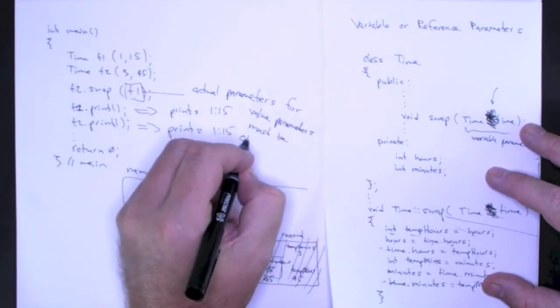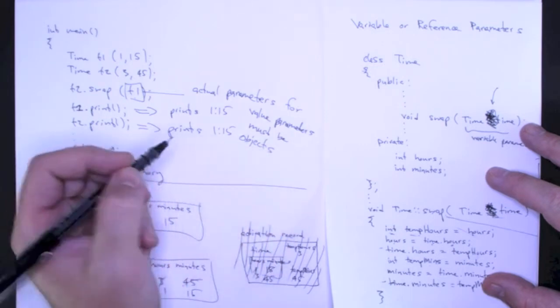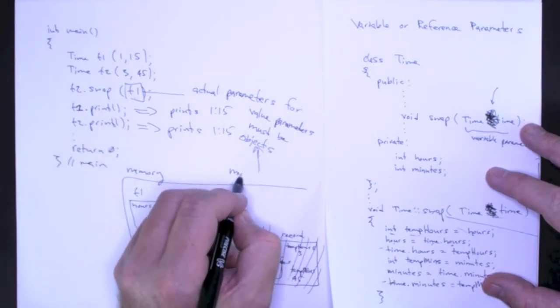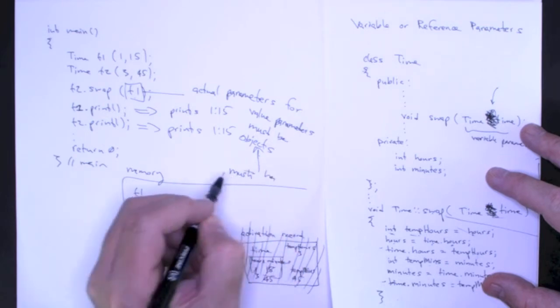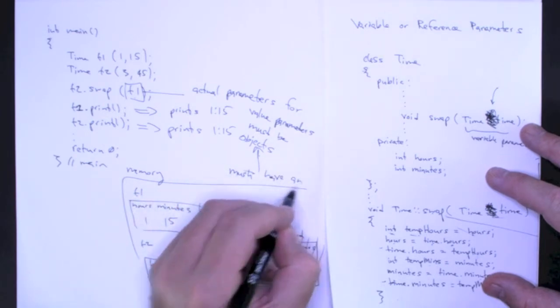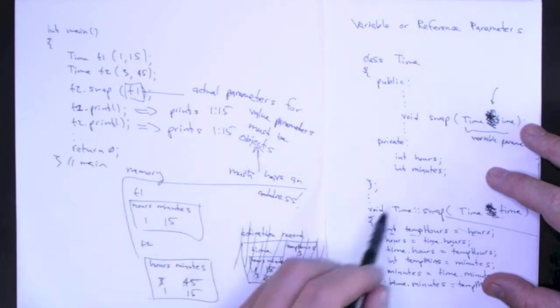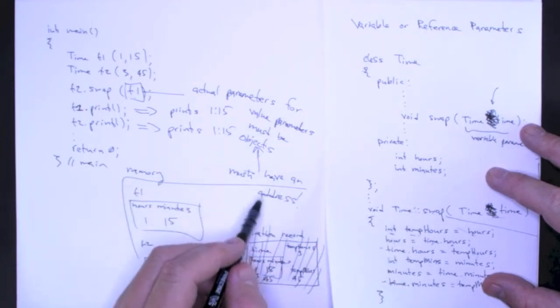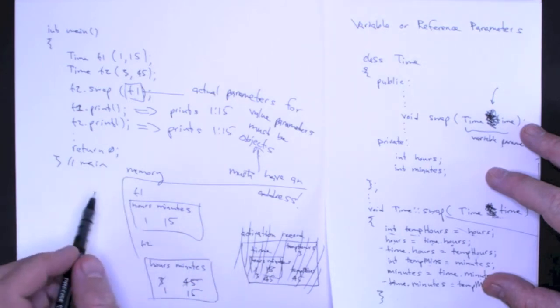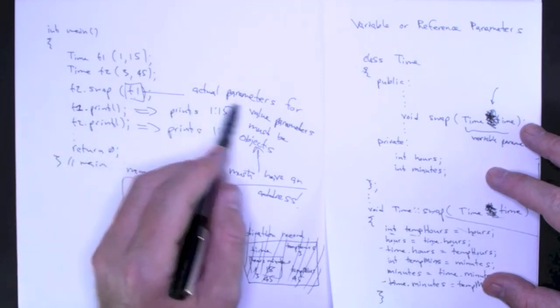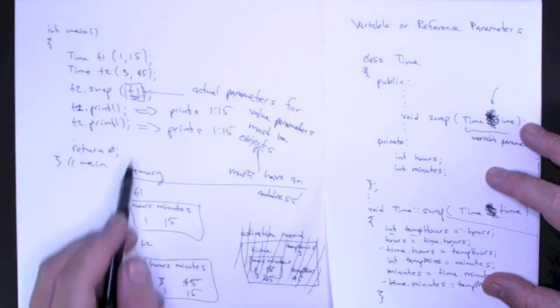They can't be literals. They must have an address, right? Because what we're doing with the reference parameter is we're passing in the address of the original object. So literals don't have addresses. So you have to always pass in an object here, and that's a compiler error.